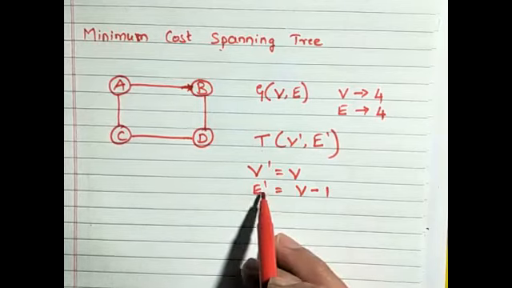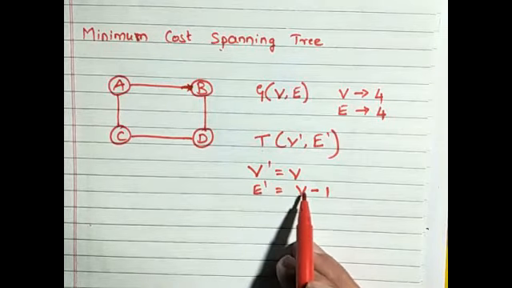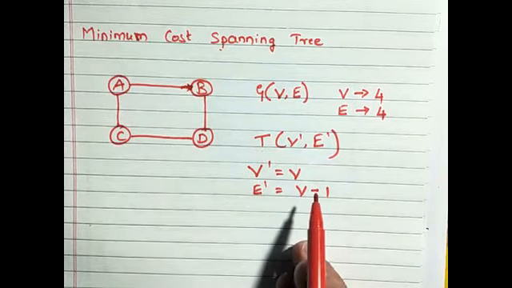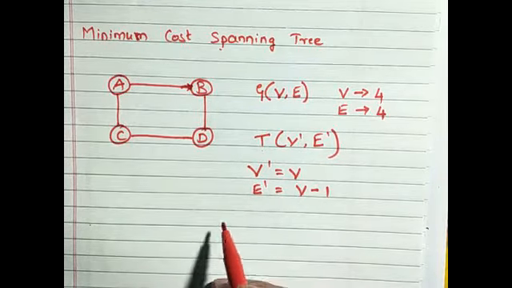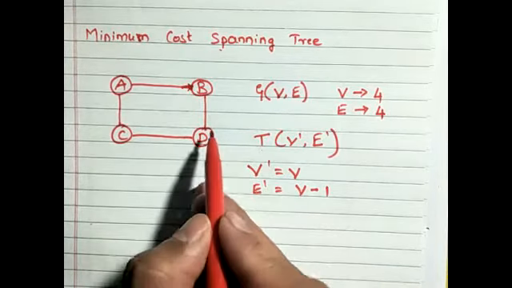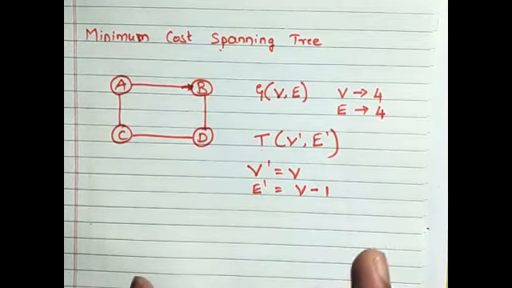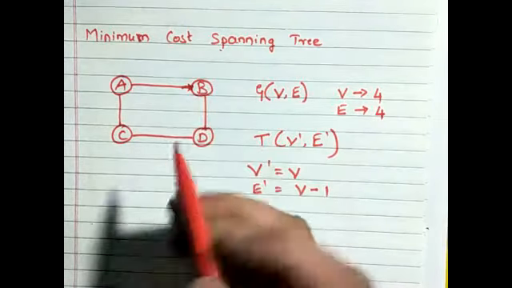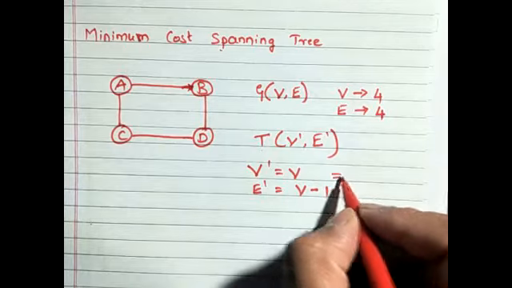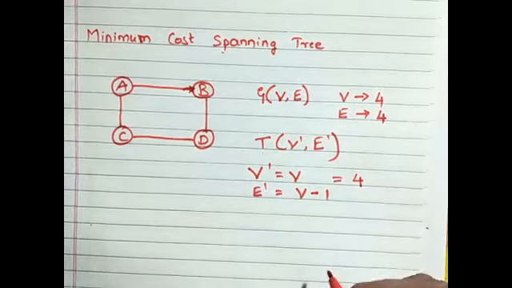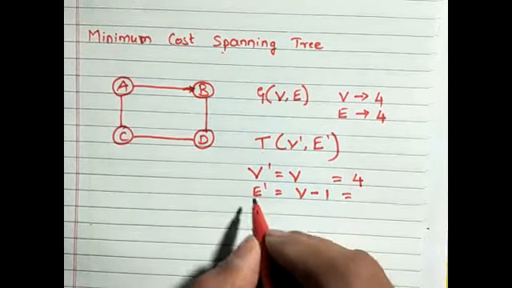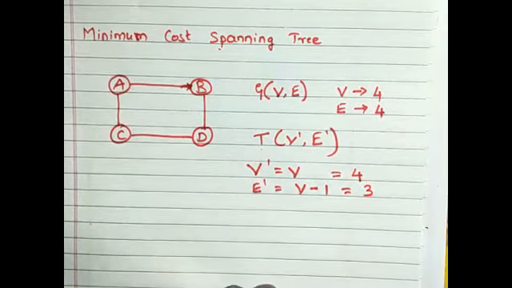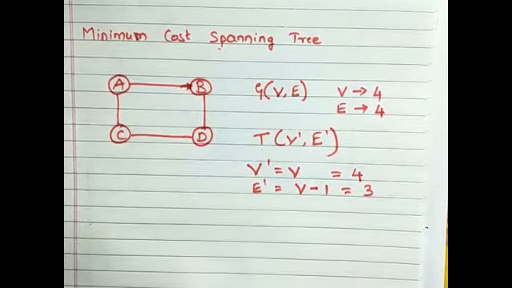But the number of edges, E dash, is equal to the total number of vertices in the graph minus 1, that is 1 less than the total number of vertices. Suppose we want to derive a spanning tree from this graph, then that spanning tree will contain 4 vertices and the number of edges will be 3, that is 1 less than the number of vertices.